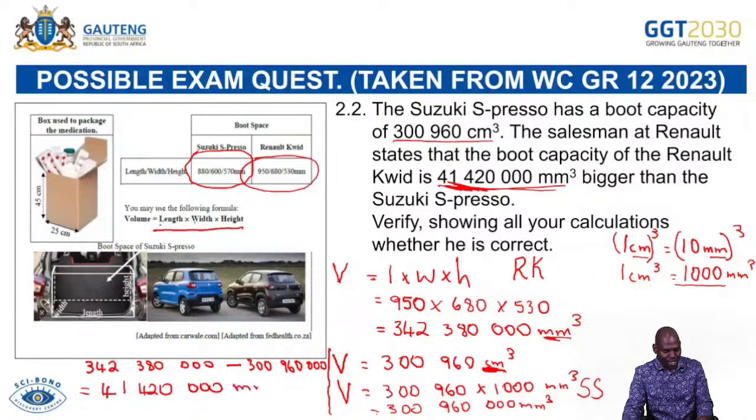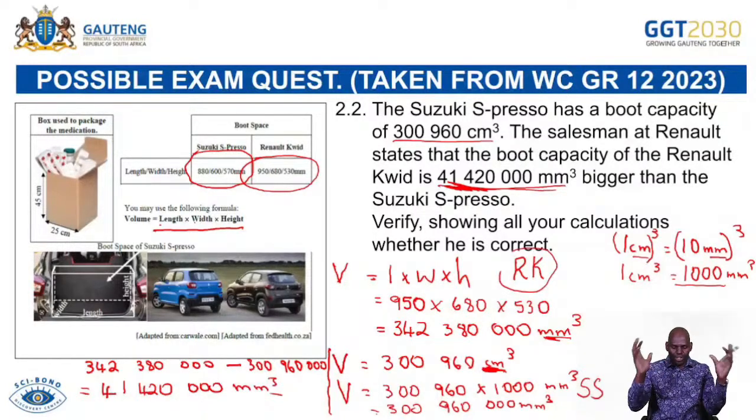And remember, this is in cubic millimeters. So if I calculate the difference of the volumes, this is what I'm getting. It simply means the Renault Kwid has got a bigger boot capacity than the Suzuki Espresso.